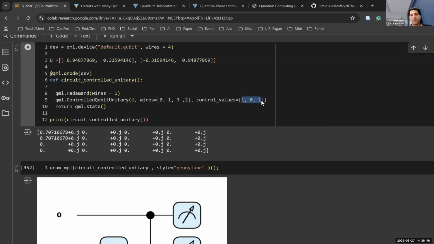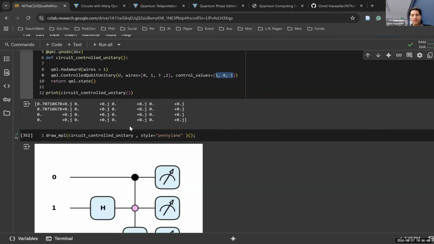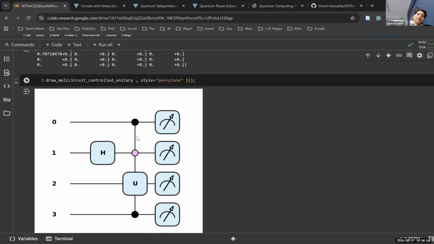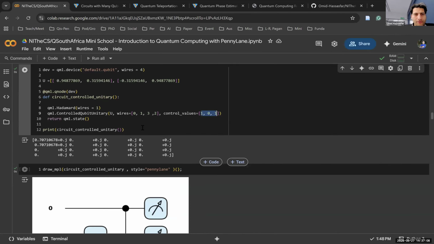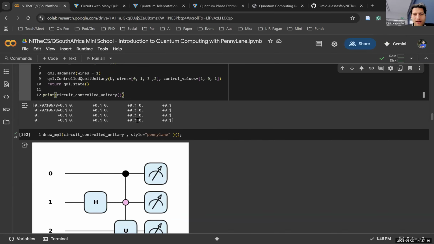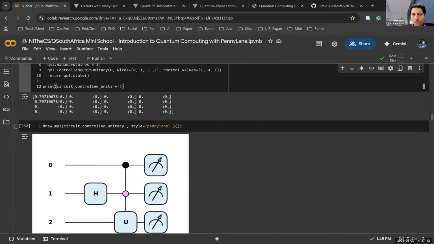Again, for 1, 0, 1, you can see this is 1, this is also 1, this is 0. So this circuit applies this U to qubit number 2 when qubit 0 is 1, qubit 1 is 0, and qubit 3 is 1. That's why I changed the wires to 0, 1, 3, 2.